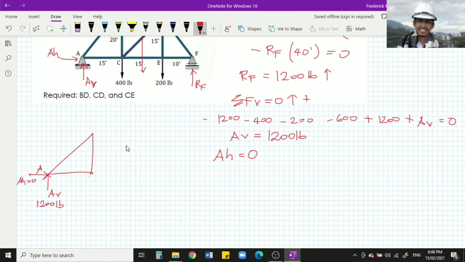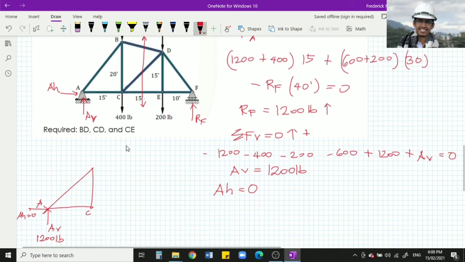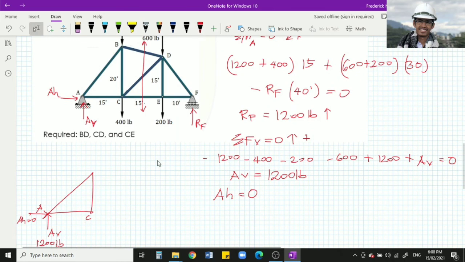So, ito yung joint C natin, and ito yung joint B natin. So, hinati natin yung truss natin. So, kapag hati natin, always assume na naman tayo ng tension yung member. Okay, so meron tayong force dito. This is BD. And ito yung magiging CD natin.